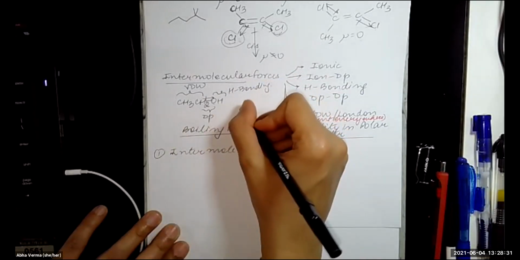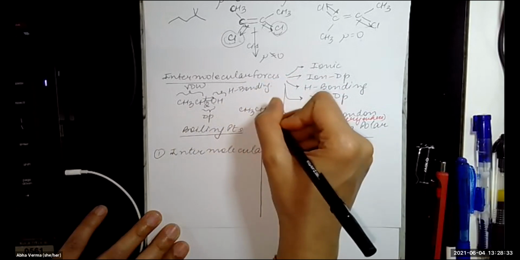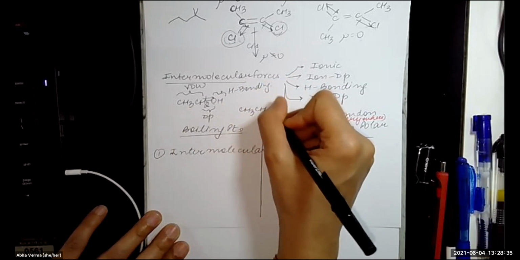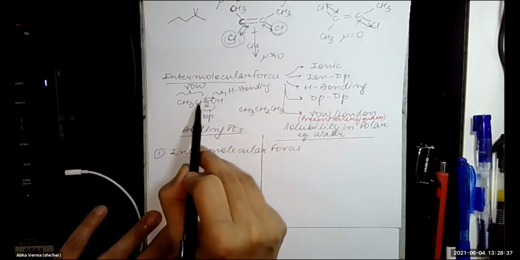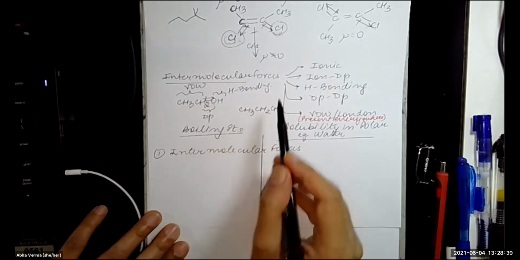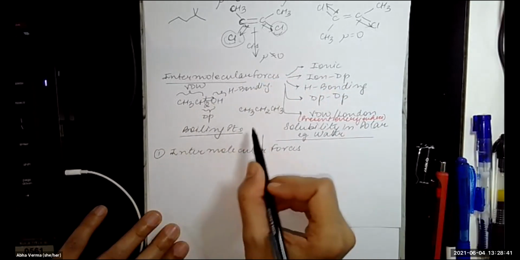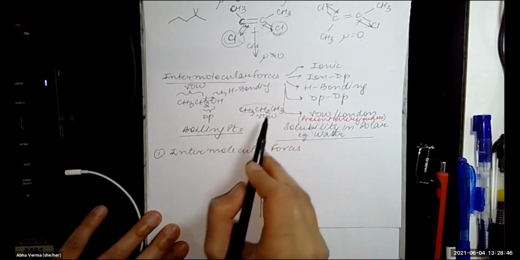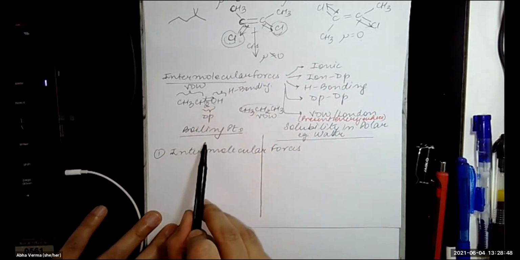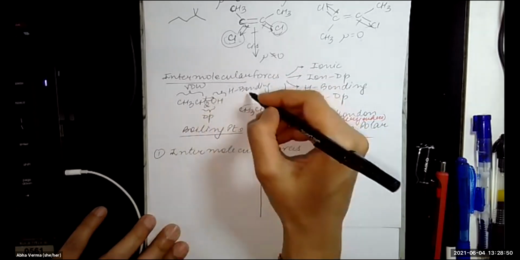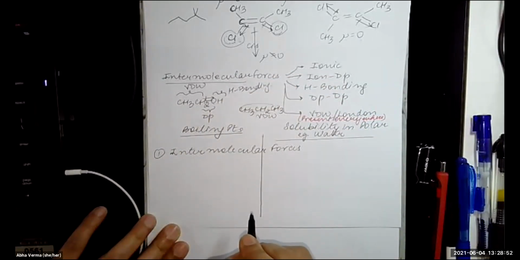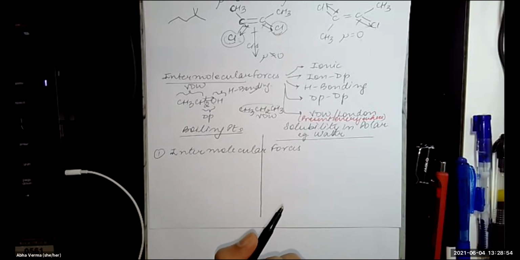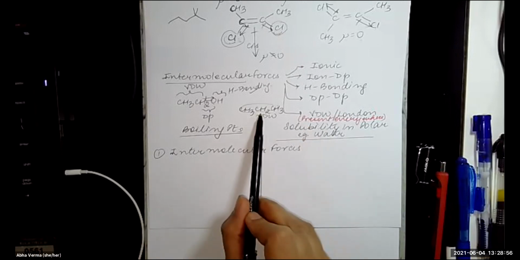Compare it to a molecule which just has, instead of these three atoms, these three atoms. What bonding forces do you see here? Only van der Waals. Which of these two will have a higher boiling point? The one which has the higher intermolecular force. Which has more solubility in water?